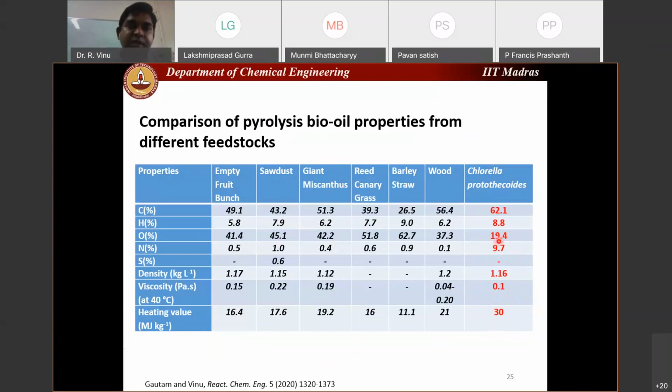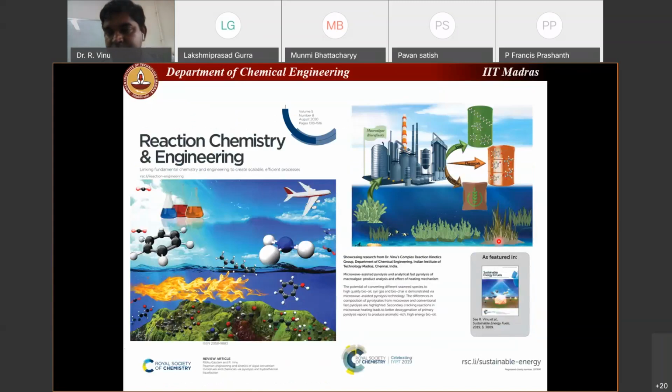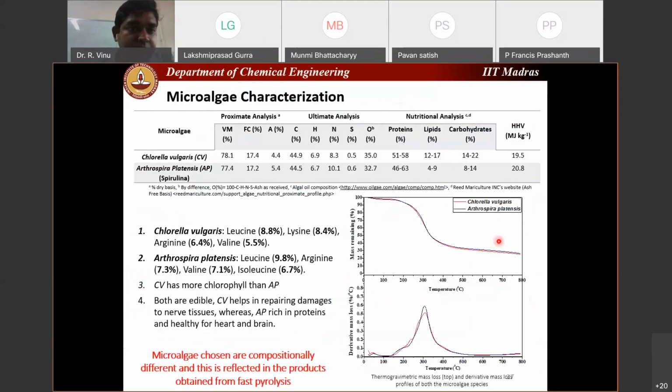But there are ways to mitigate this, so that you can even get rid of this fuel nitrogen, and the emissions when you use this as a fuel will be lower. This has captured the attention of a lot of researchers, and we have also been working a lot on algae to fuels, both microalgae as well as macroalgae, producing fuels and chemicals from algae pyrolysis. So it's really a hot topic.